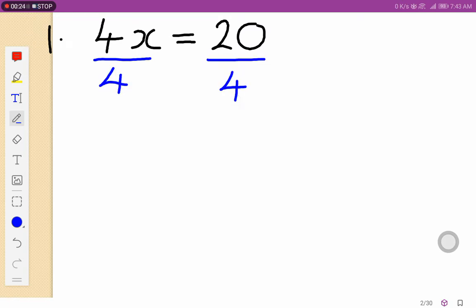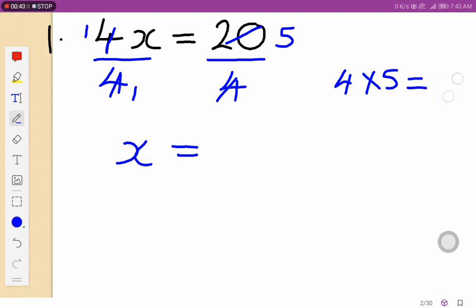So 4 into 4, we get 1, so this side will remain with an x, and it is equal to 4 into 20, we get 5, because 4 times 5 is 20. So our x value is going to be equal to 5. That's how we do that one.